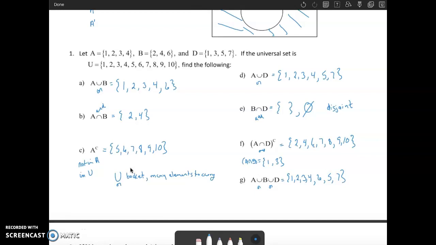So you end up usually with a lot of elements. And then the and is the upside down bucket because you're not going to have as many elements in your intersections. So you don't need this big bucket to carry them. And I don't have any fancy fun way to remember that one. I just remember that or is the bucket because I'm going to get so much stuff in there. And then and is the other way around. And looks like an in, and they kind of sound the same.